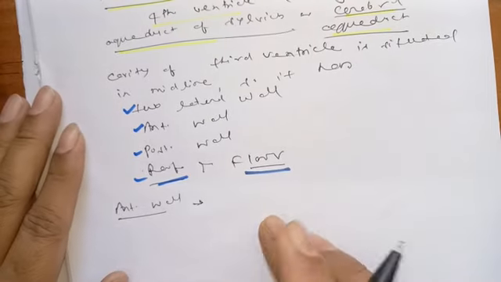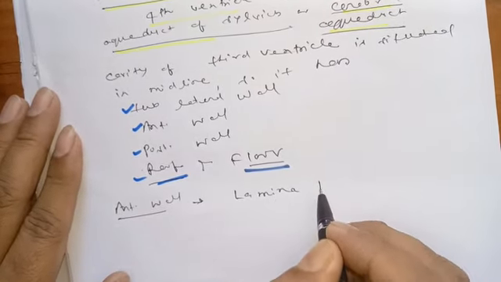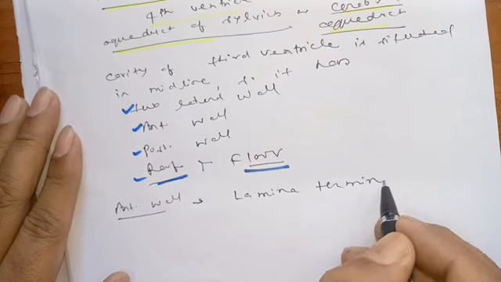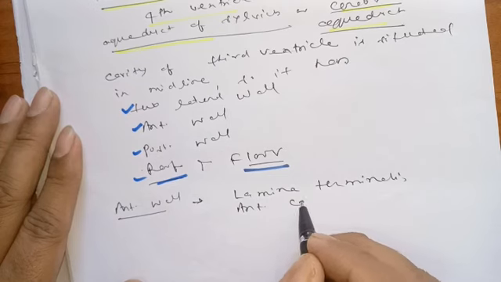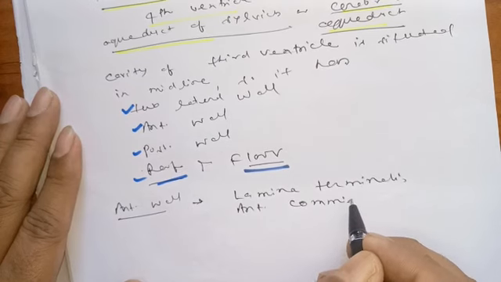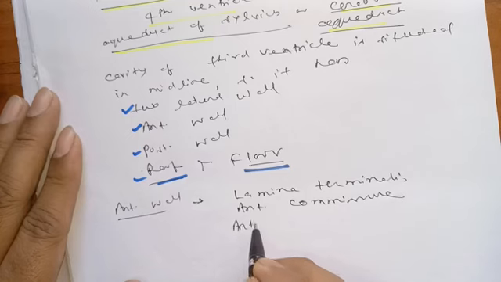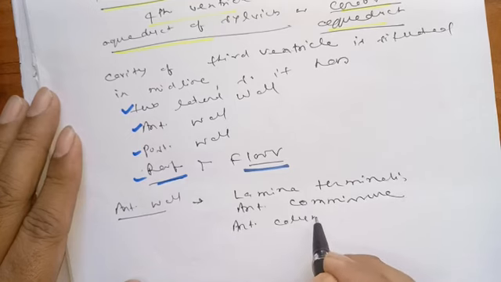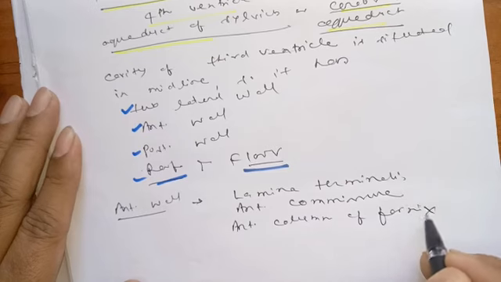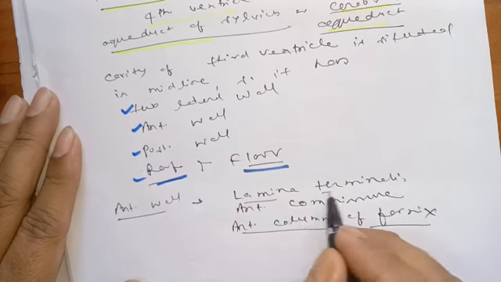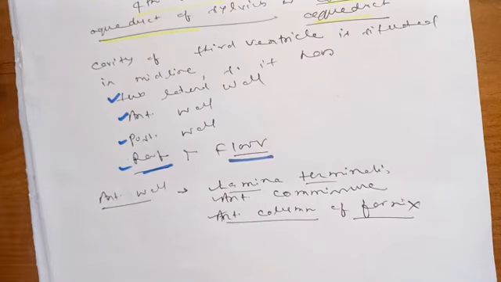Now the anterior wall is formed by the lamina terminalis, the anterior commissure, and the anterior column of the fornix. That is the anterior wall.